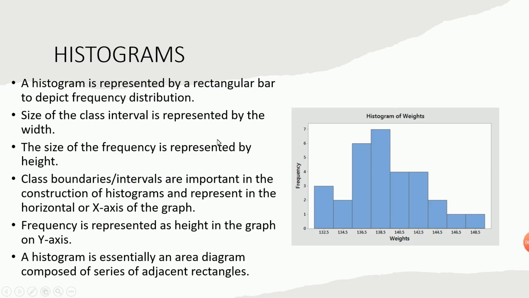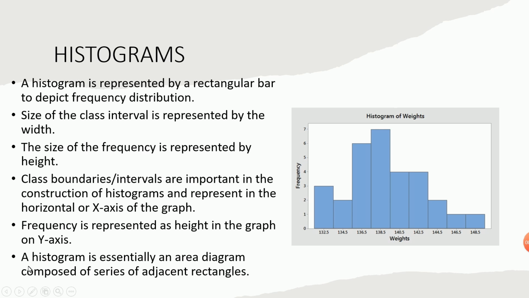When you form the trajectory of that particular line, you will find different ups and downs of a curve. The size of the class interval is represented by the width. How big the width is, that is the size of the class interval. The size of the frequency is represented by the height. The higher the bar, the higher its frequency. Class boundary intervals are important in the construction of histograms because they represent the x-axis, the horizontal axis, and frequencies represent the y-axis.